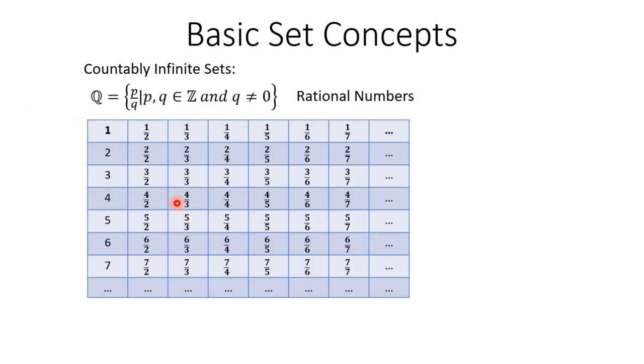We can make this table where along the rows of the table, we're counting first 1/2, 1/3, 1/4, 1/5, 1/6, 1/7, 1/8, 1/9, and so forth. Then 2/2, 2/3, 2/4, 2/5, 2/6, 2/7, and so forth. Then 3/2, 3/3, 3/4, and so forth. You can continue doing this all the way to infinity. So you can continue doing this forever, basically, in both directions.